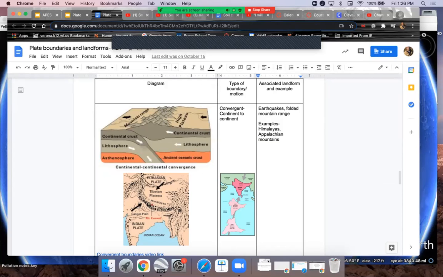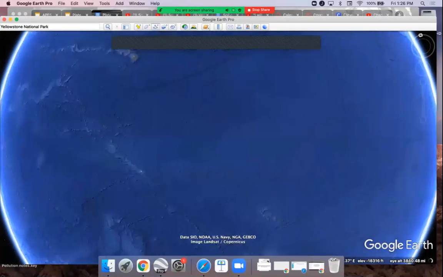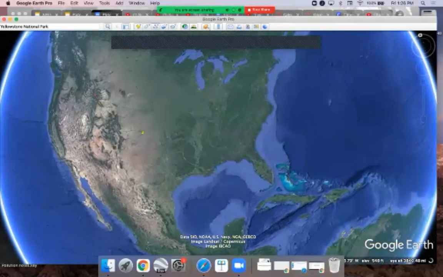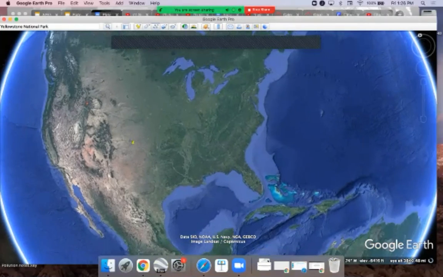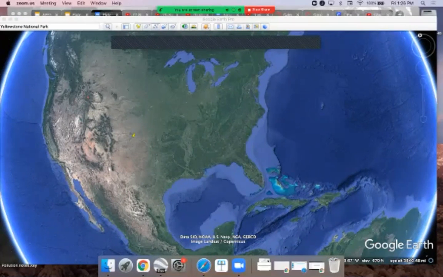Okay. Now notice in the examples here, of course, you have the Himalayas, but you also have the Appalachian Mountains. So I want to take just a minute here and consider what is going on with the Appalachian Mountains. So running from Maine down through Georgia, you can find in the United States an old mountain range.